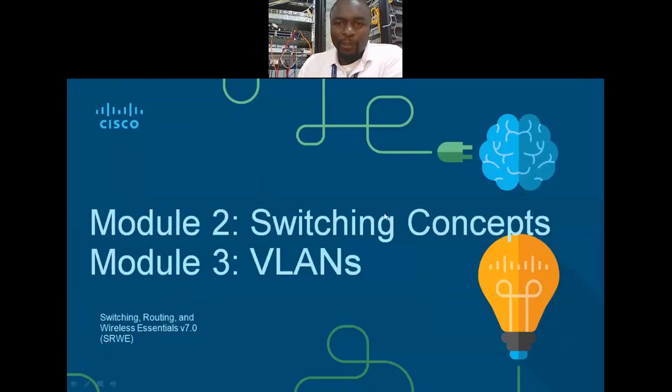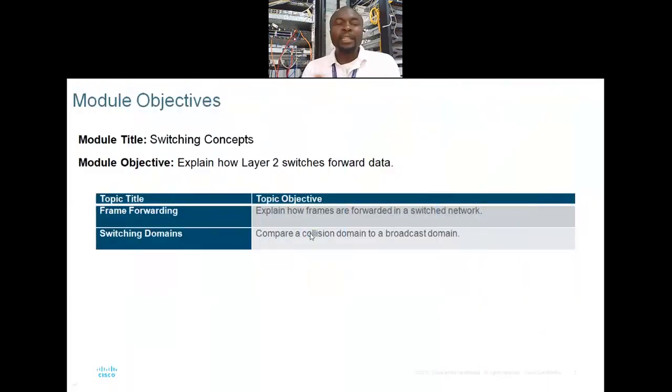Today we're looking at Module 2 and Module 3, switching concepts and VLANs. Now, what is a switch? We tend to ask this question, what is a switch? A switch is basically a network intermediary device that receives frames.